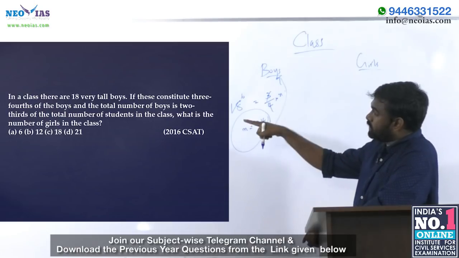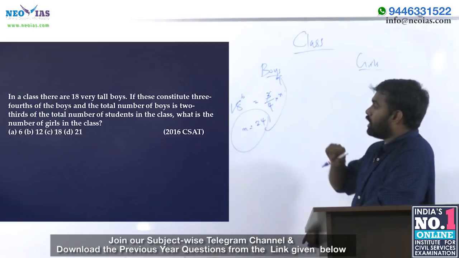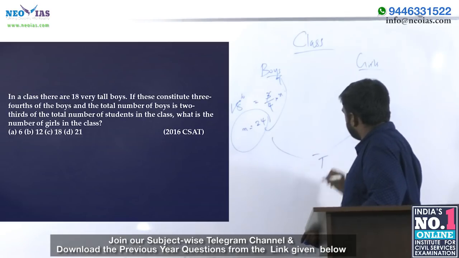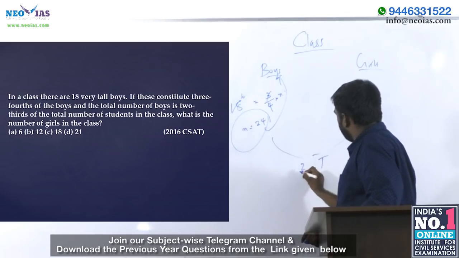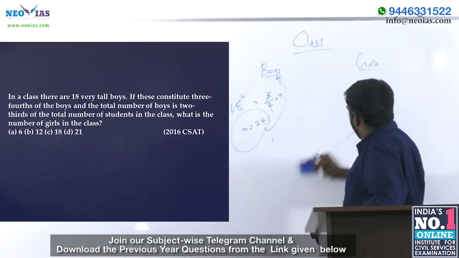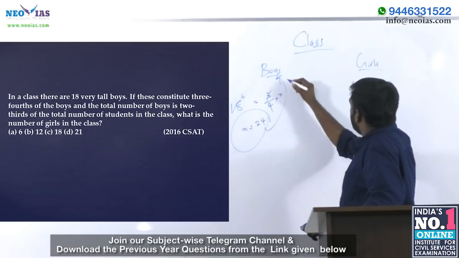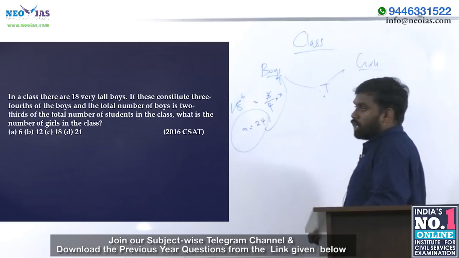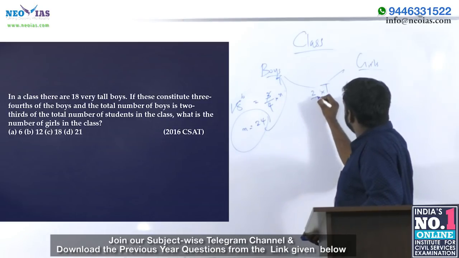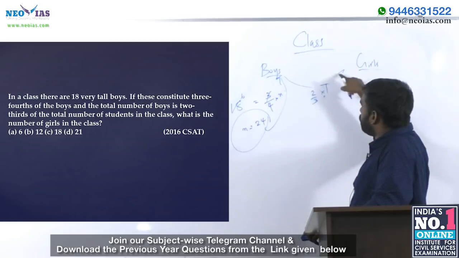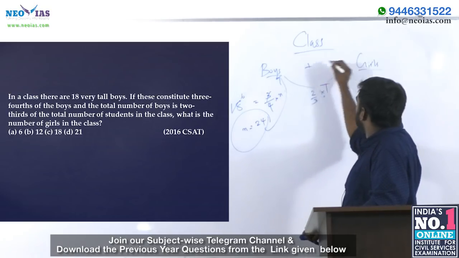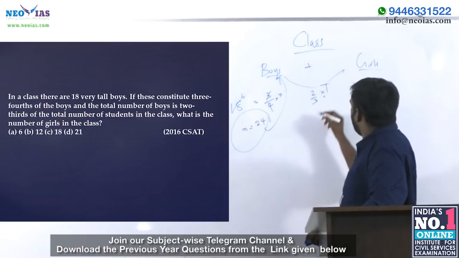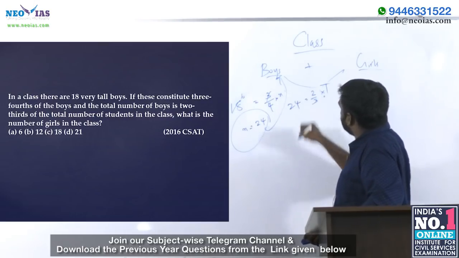Then what is explained there? Total number of boys is 2/3 of the total number of students. Total students, let it be T. 2/3 of the total number of students, including boys and girls, is equal to the number of boys, 24.